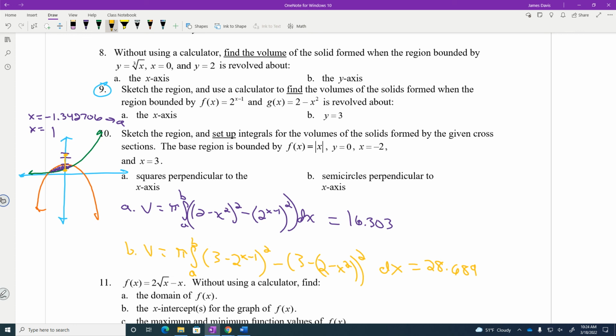Another thing you can do to make this a little bit simpler is go to Vars, Y-Vars, and in that function you can choose Y1 and Y2. So when you're doing your integral math, you type in your limits and for the first one you can do 3 minus, then hit Vars, Y-Vars function, Y1. So 3 minus Y1, close parentheses, squared, minus, and just do it that way.